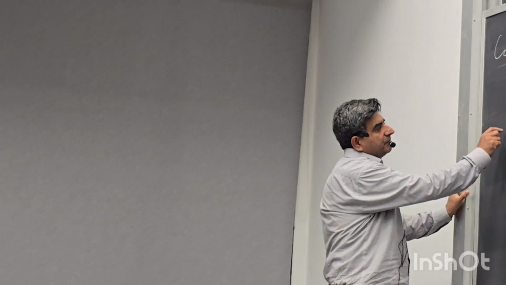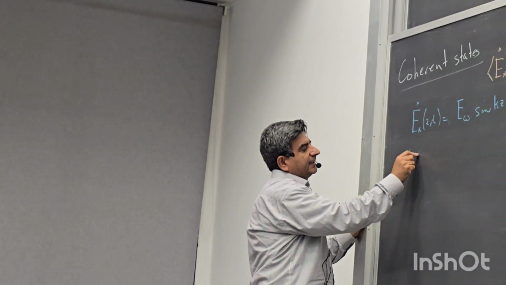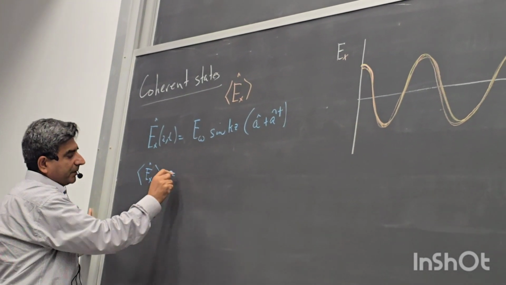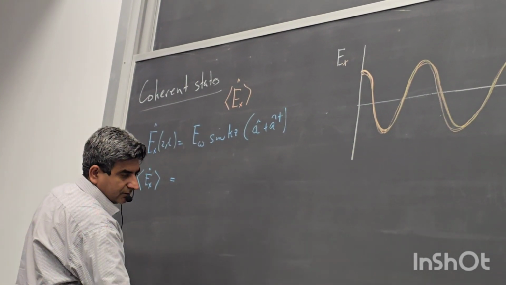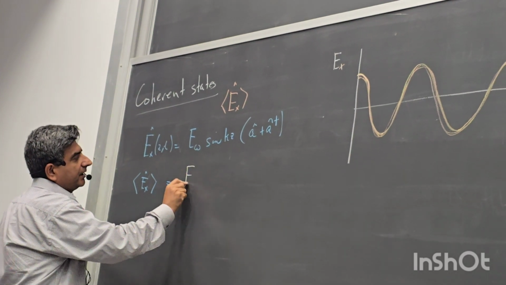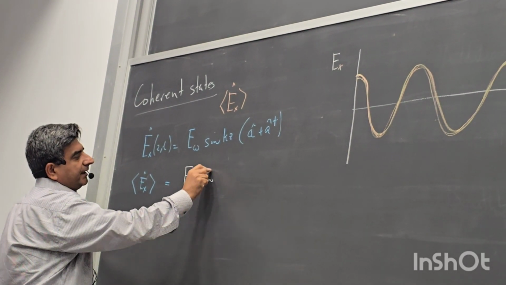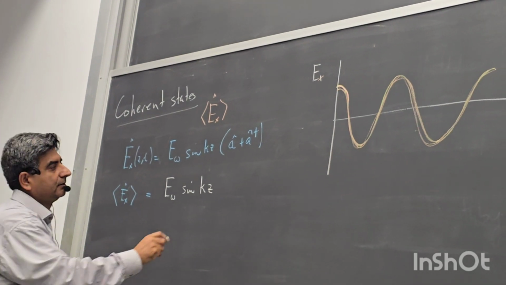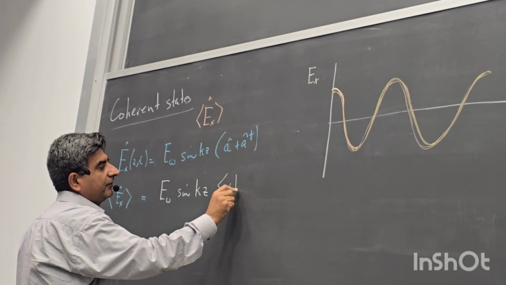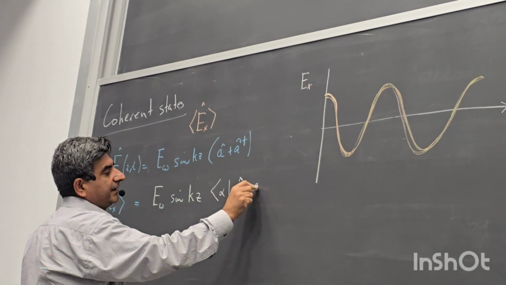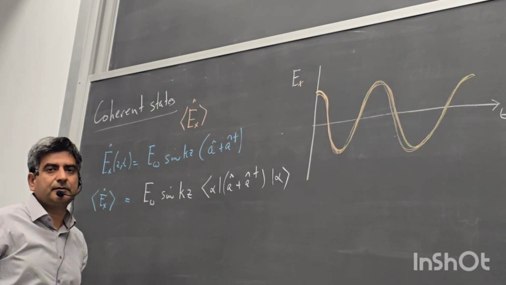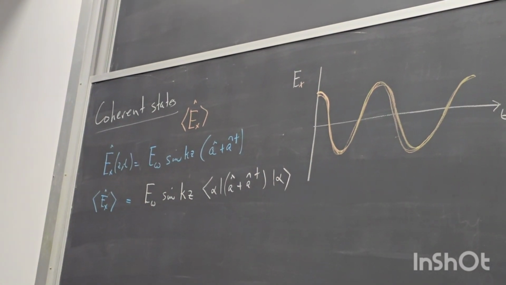So if I were to take the expectation value of Ex, this would become E omega sin kz, bra alpha, A plus A dagger, ket alpha. Correct?